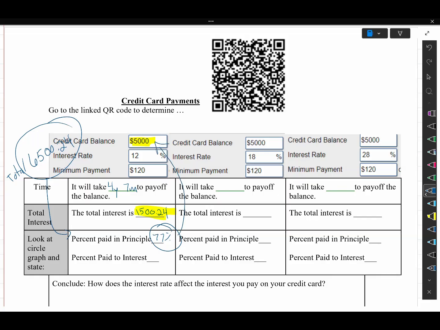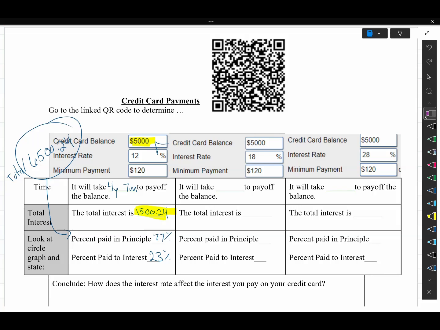The rest of the money you pay, the remaining 23%, is just interest that's being added. So if that's the case, that's 23%, that's interest. We could perform the same strategy and take our interest, divide it by the total amount, or we could just say, hey, 100% is the total, and 100% minus 77%, we're working with 23%.